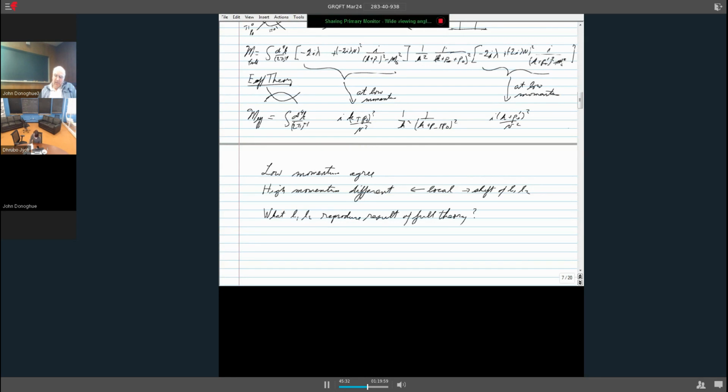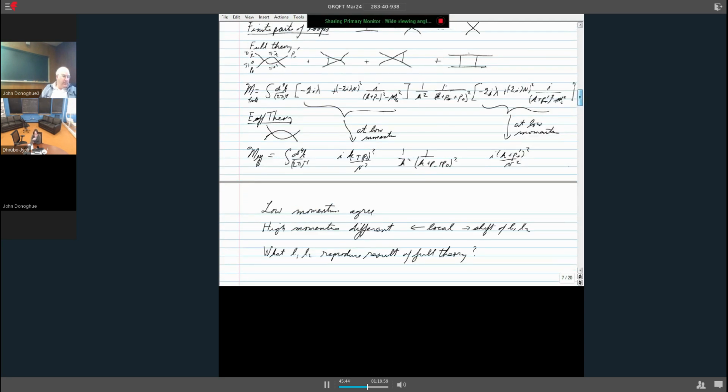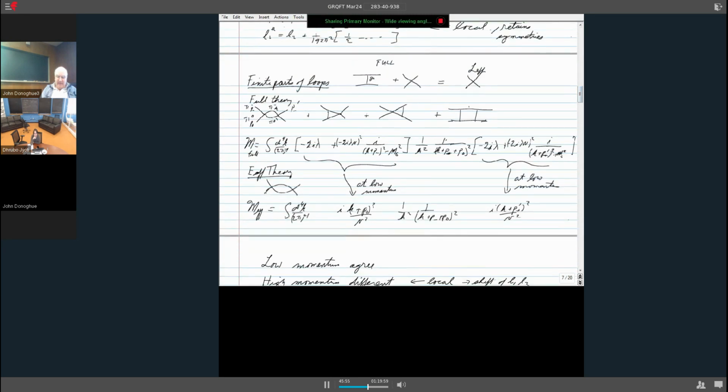Okay, so one of the things you know is that the divergences you get out of this effective theory are spurious. They don't really belong. But that's okay because they're local again, and so they go into a shift of L1 and L2. They just change the values of L1 and L2 by some amount.